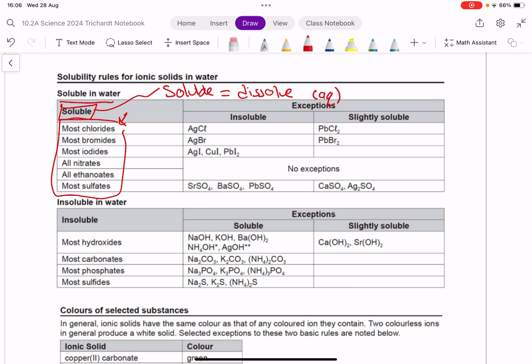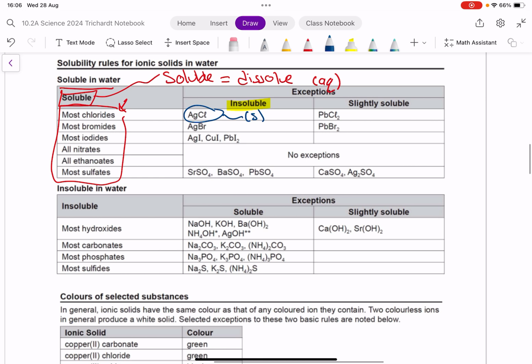Most chlorides are soluble and will be aqueous and dissolve. However, there are some that are insoluble. Silver chloride is one of these. Silver chloride will not dissolve, and therefore we say that it is a solid state. So if you get a question that asks, will there be a precipitate that forms?